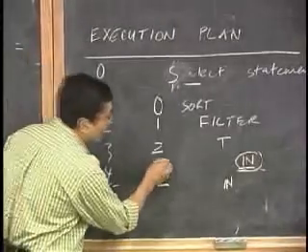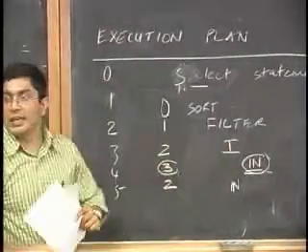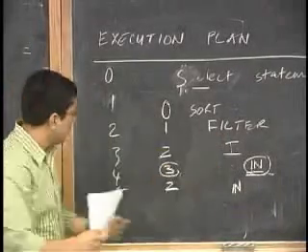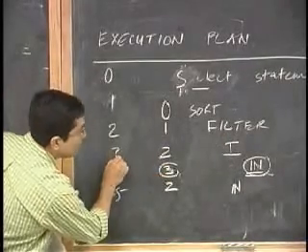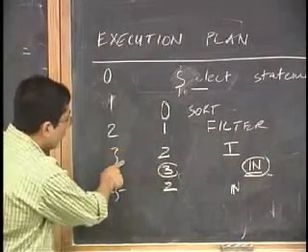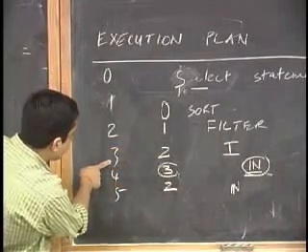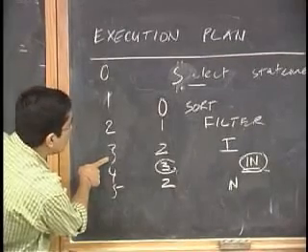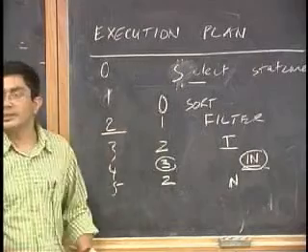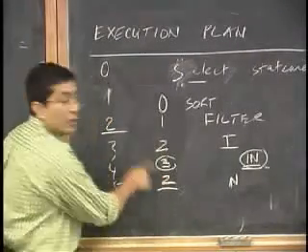That means the parent of this should be this, because this is going to get evaluated next. So the parent is 3 for this. What is going to go after this is this, because now these two will have parent 2.